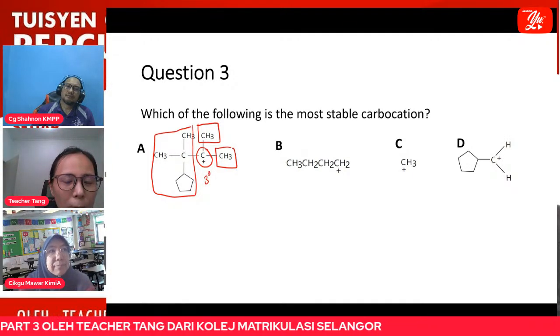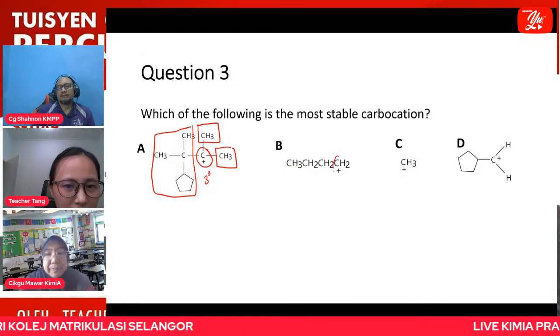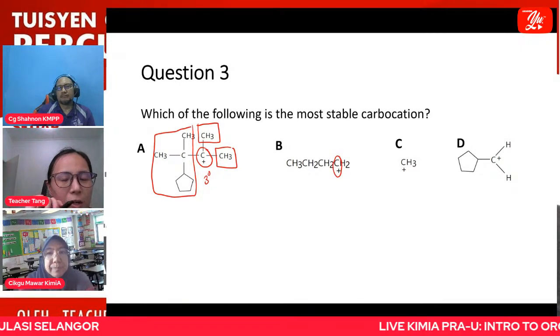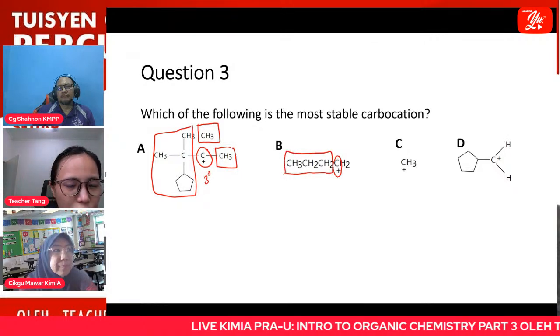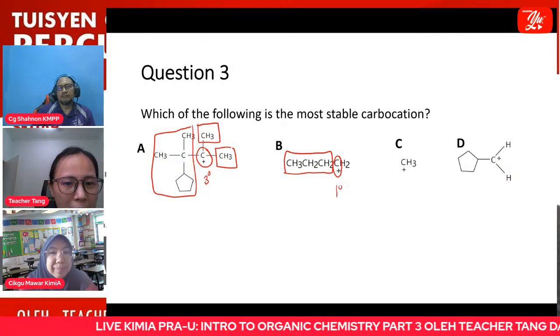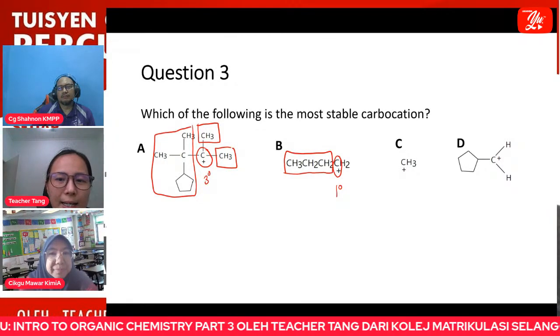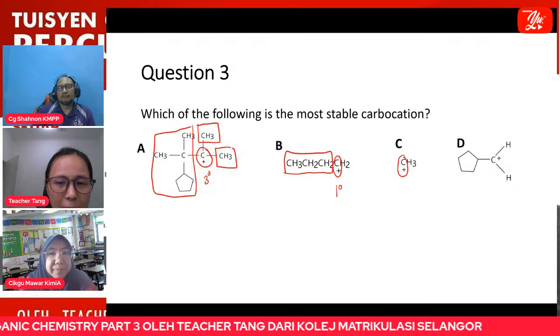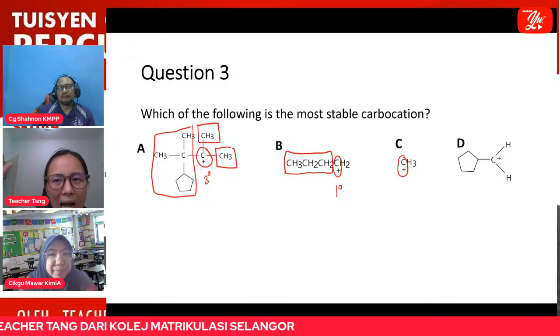For B, must remember to circle the reference carbon first. It is attached to 1 alkyl group, so this is a primary carbocation. For C, this is the reference carbon attached to no alkyl group. All are hydrogen.